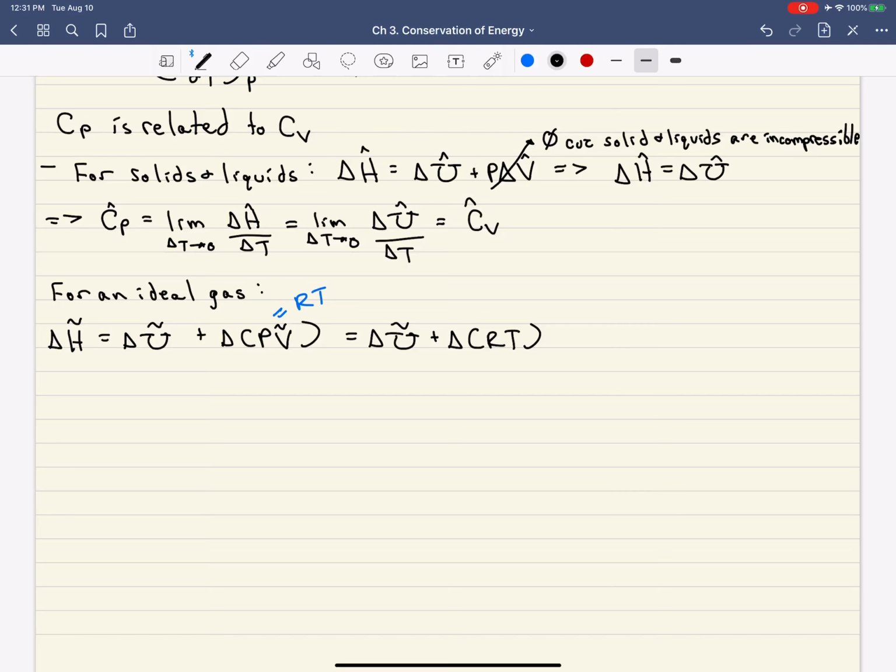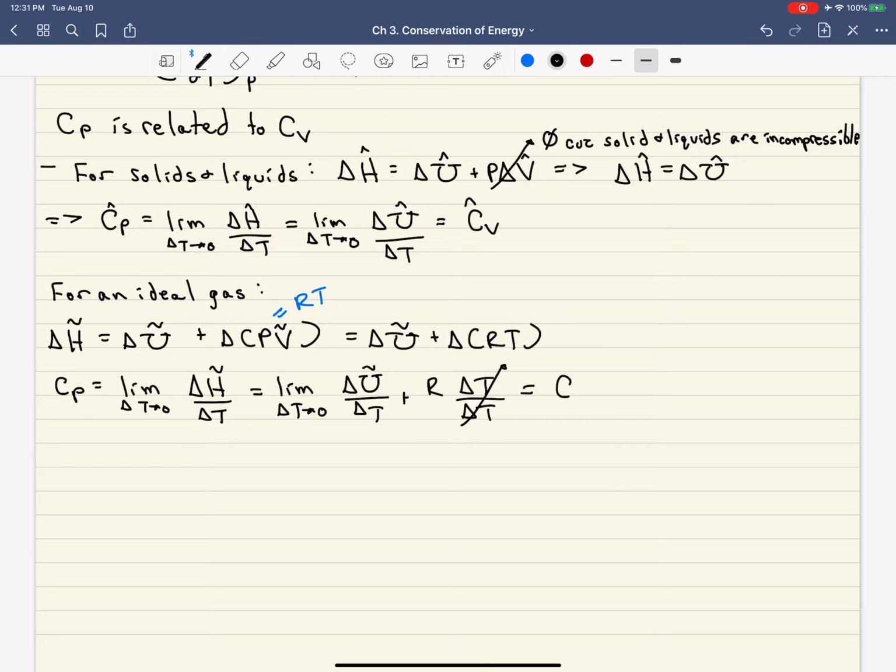If we take this and plug it into the definition of the constant pressure heat capacity, what we get is that delta H over delta T can be replaced by this statement, where we have delta U over delta T plus, we could pull out the R because it's a constant, delta T over delta T. These will cancel.